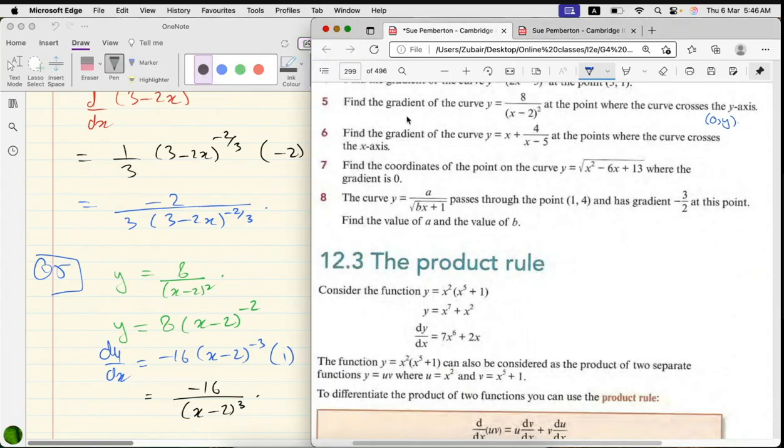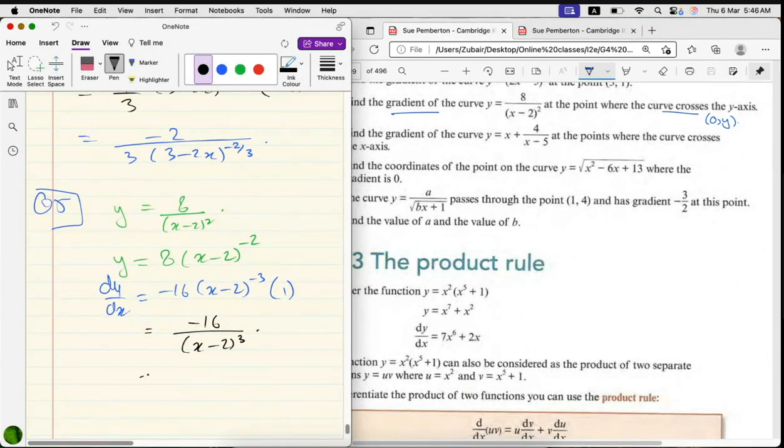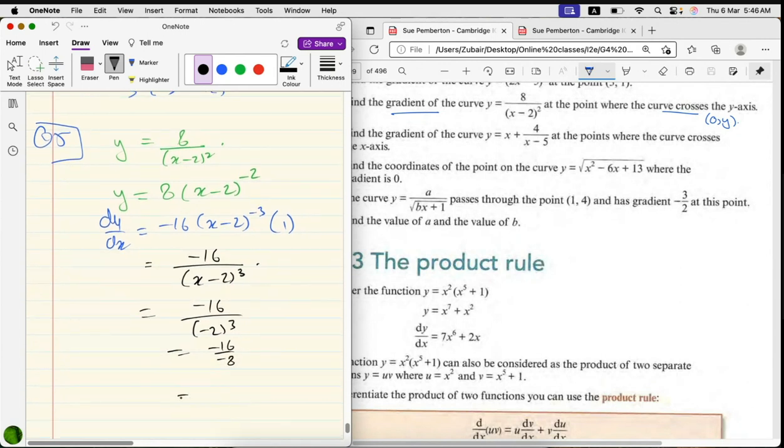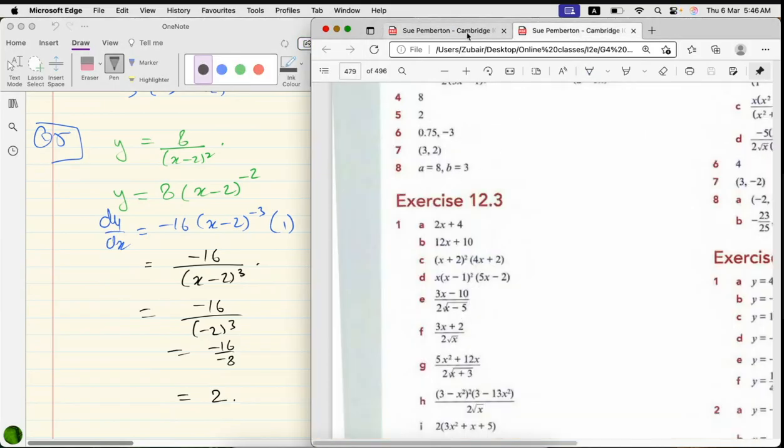And we were looking for the gradient where it crosses the y-axis, and at that point x is, sorry, x is 0. Minus 16 over (minus 2) cubed, that's minus 16 over minus 8, which equals 2. Question number 5, answer 2.